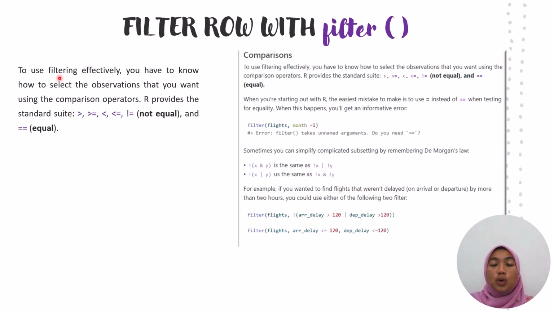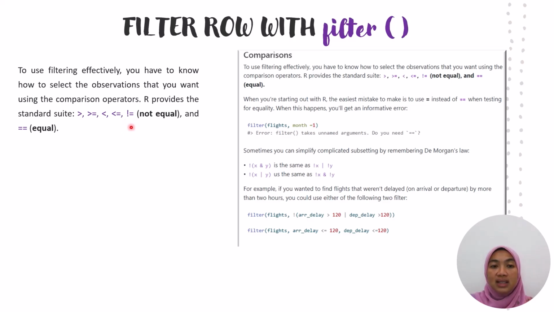We have another set of operators here. To use filtering effectively, you have to know how to select the observations that you want using the comparison operators. R provides the standard suite: greater than or equal, less than or equal, or not equal.